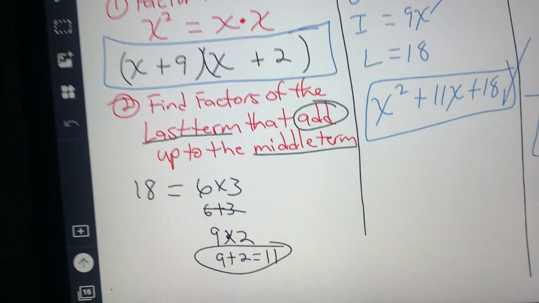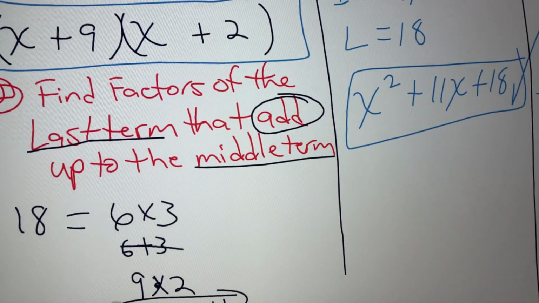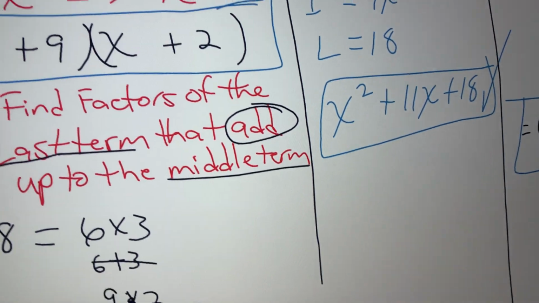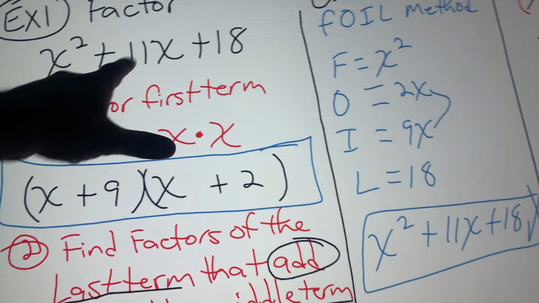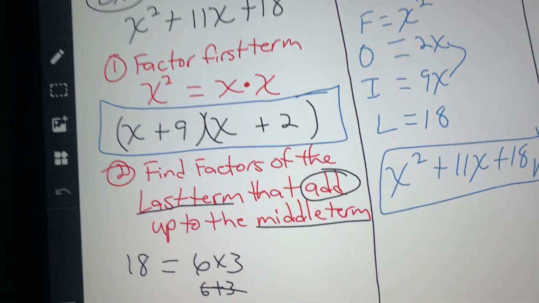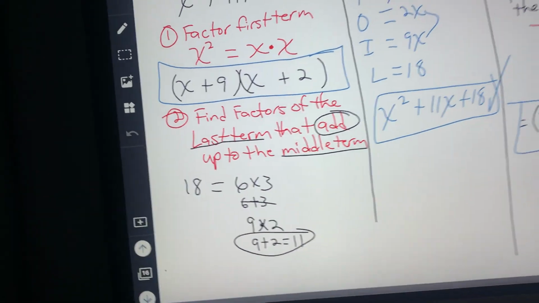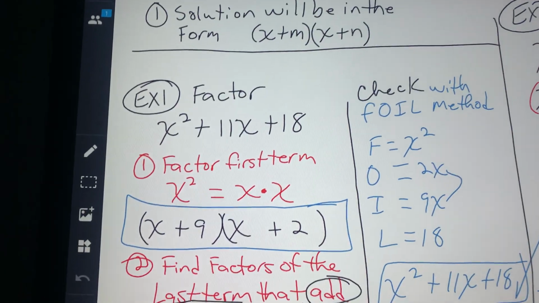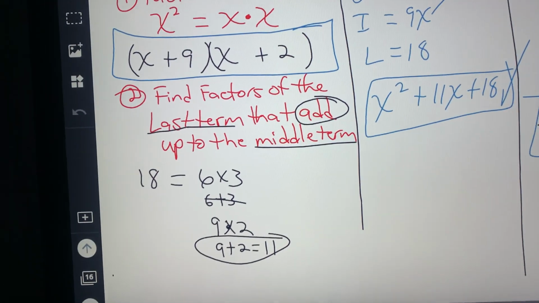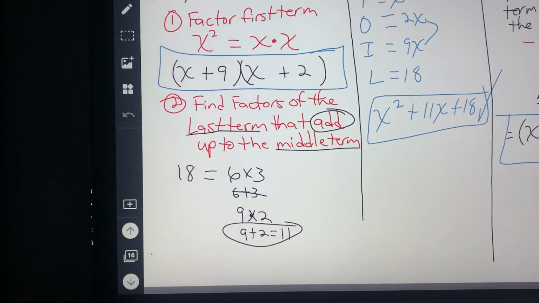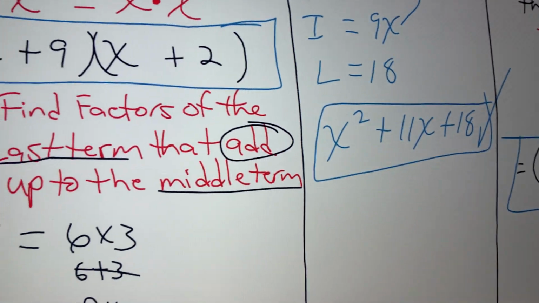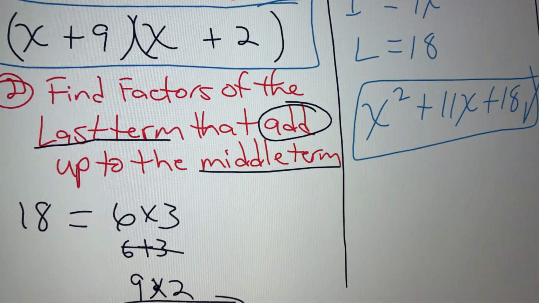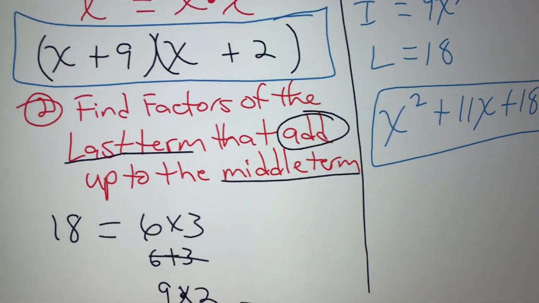So we tried 6 times 3, but when we add those up, they do not add up to the middle term, which is 11. So we have to try other factors that may add up to the middle term, which is 11. So 9 times 2, when we use those factors and check them to see if they add up to the middle term, they do.